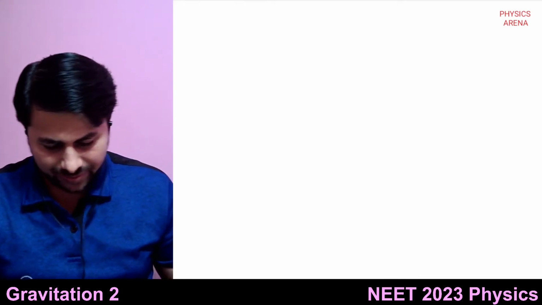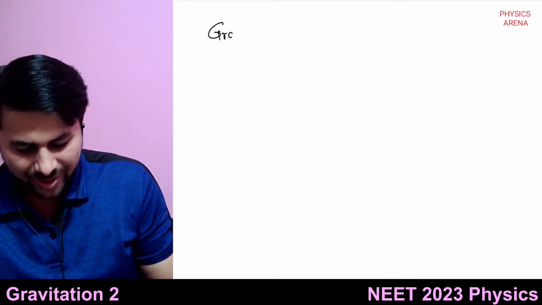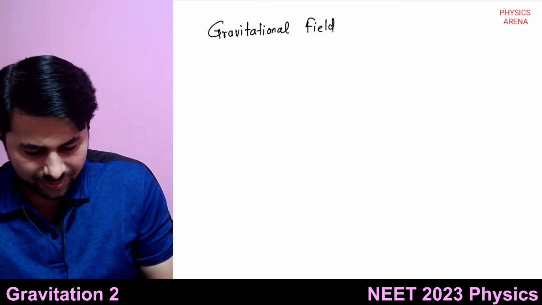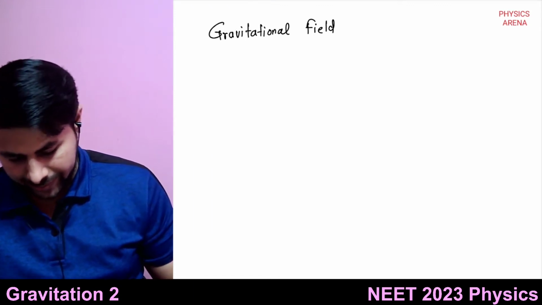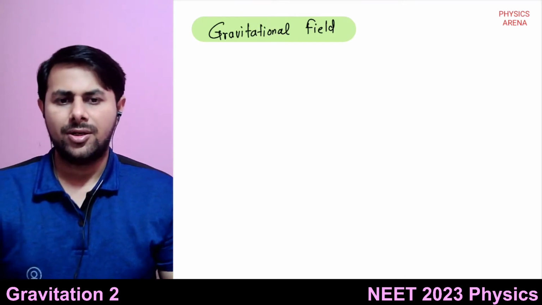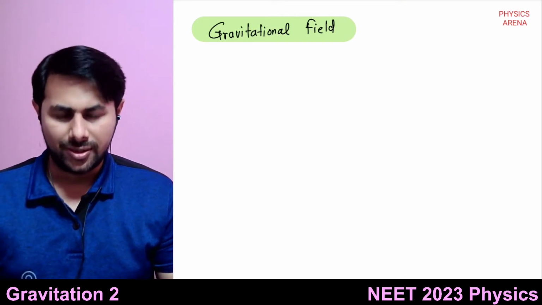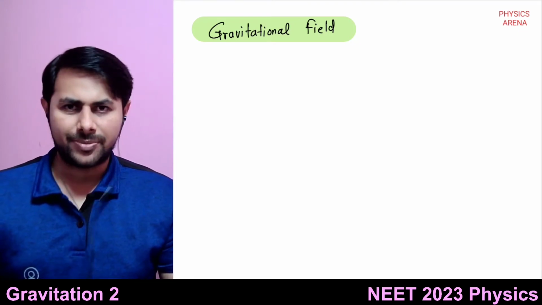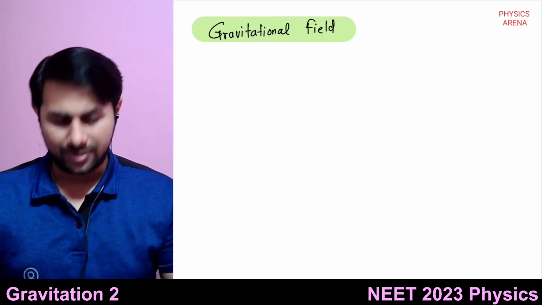Okay, there is one more thing: gravitational field. So what is gravitational field? It is the gravitational force acting on any object per unit mass of the object.